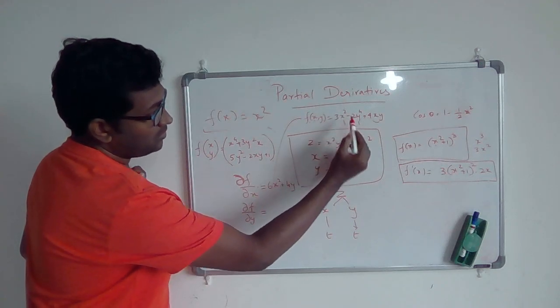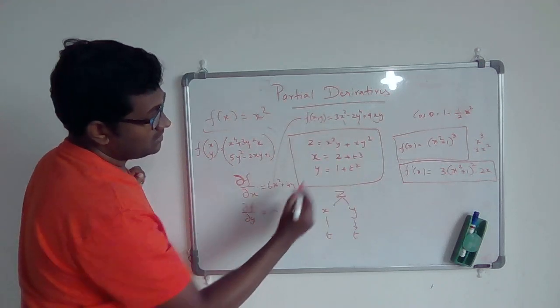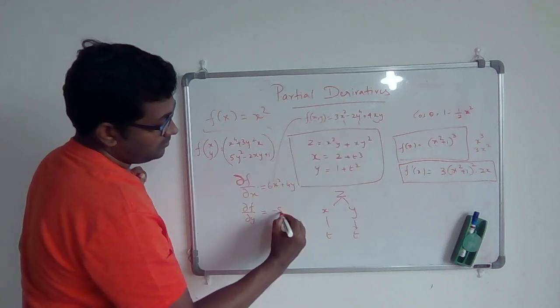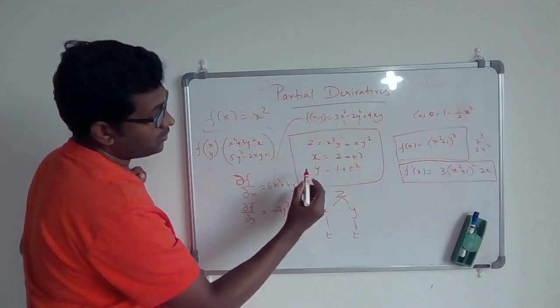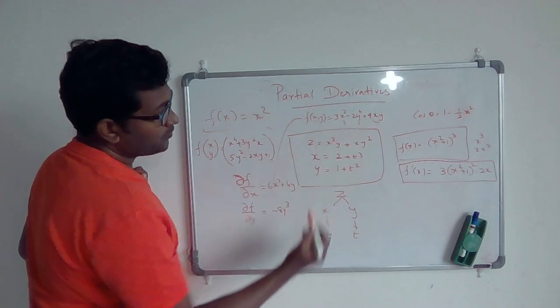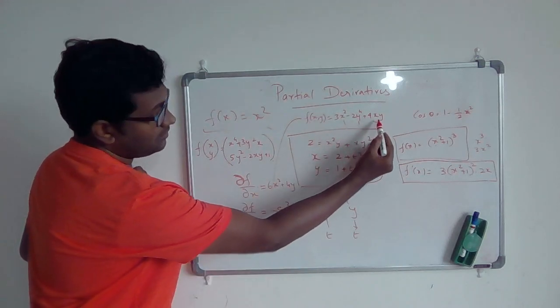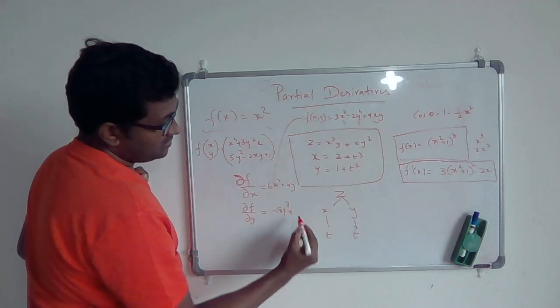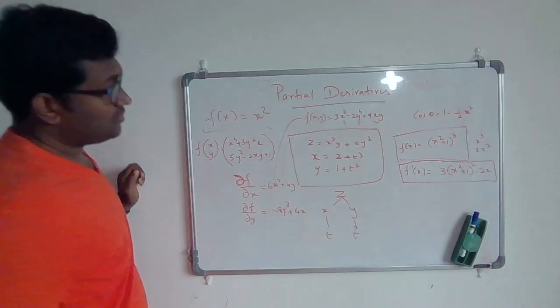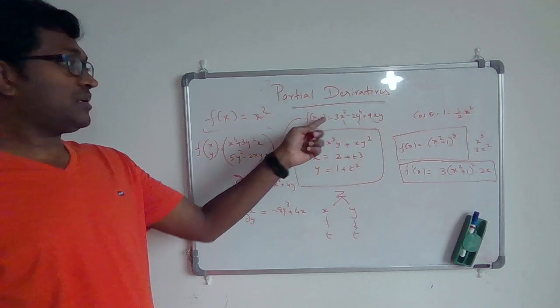So this becomes 0, and this becomes minus 8y cubed, plus, x becomes constant, so it becomes 4x. So this is how you take the partial derivative of this function.